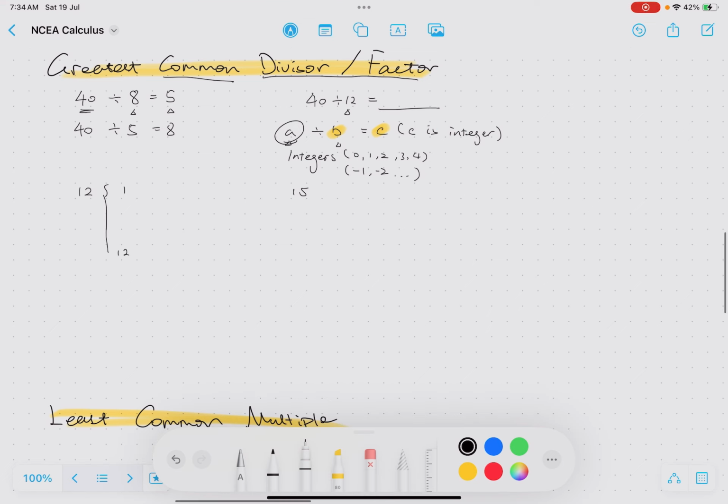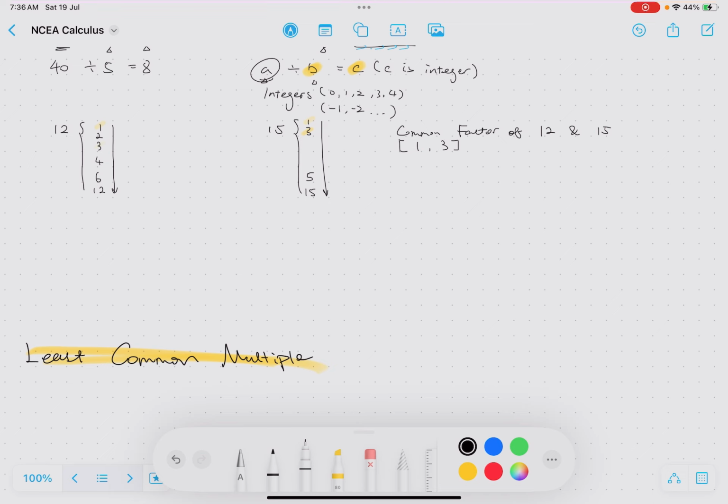So for 12: 1, 12, 2, 6, 3, and 4. For 15: 1, 15, 3, 5. All of these numbers listed are the divisors or factors of 12, and all of these numbers listed are factors of 15. If we look at the common factors of 12 and 15, we'll have 1 and 3. So that's our range to choose from. Greatest just means it's the biggest of them all. So the greatest common factor of 12 and 15 is 3.